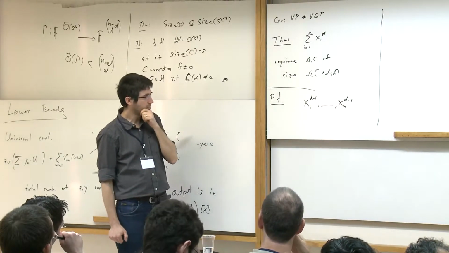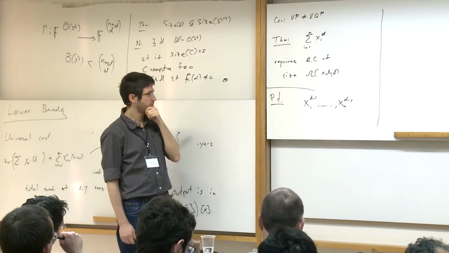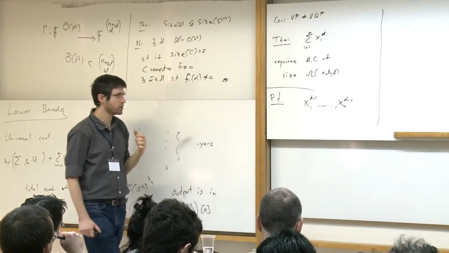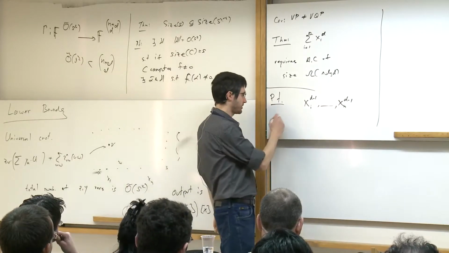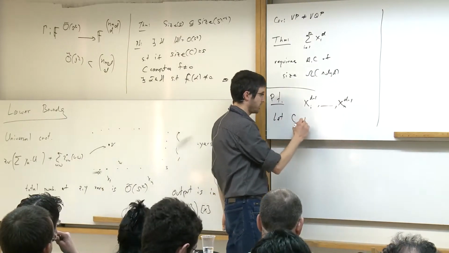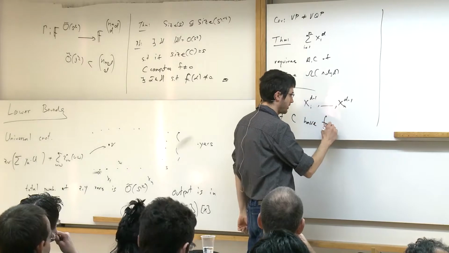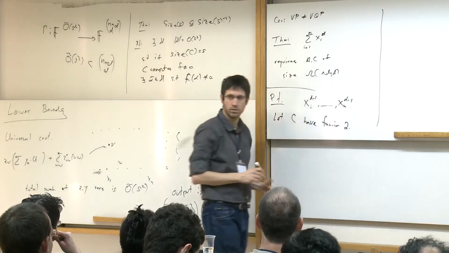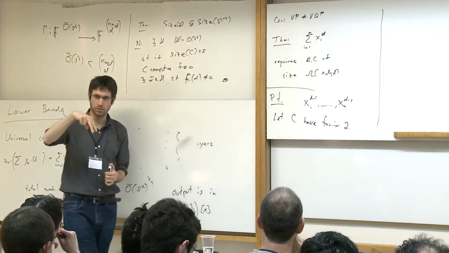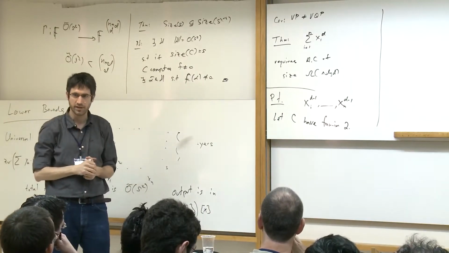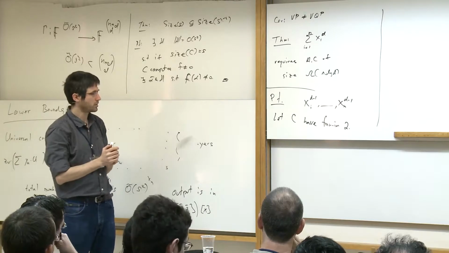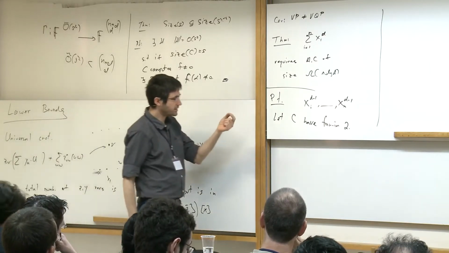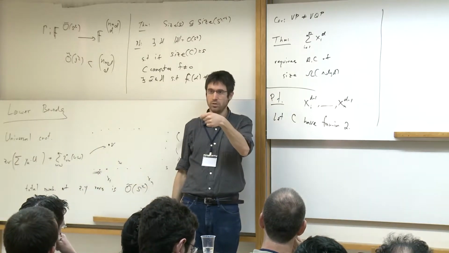So what is the idea of the lower bound proof? For the sake of the argument, it will be helpful to think about circuits with fan-in 2. It doesn't really matter. The idea is that such circuits only compute local operations.